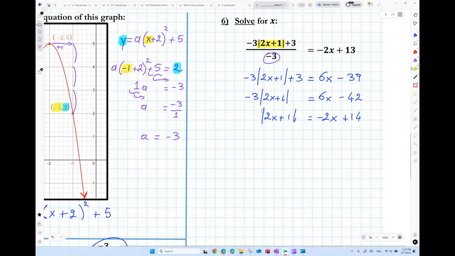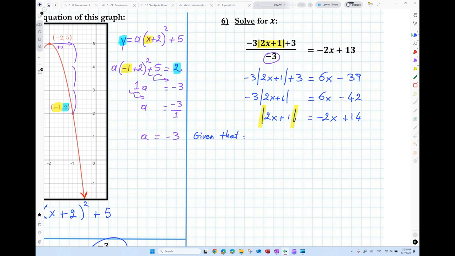Now that the absolute value is all by itself on one side of the equation, I need to make sure which conditions are necessary for that equation to make sense.